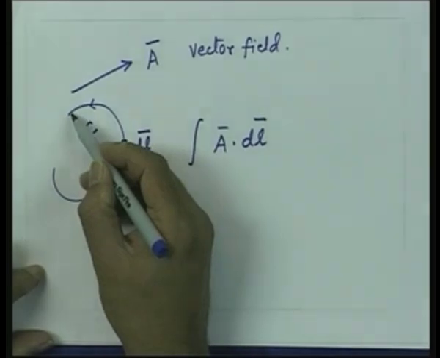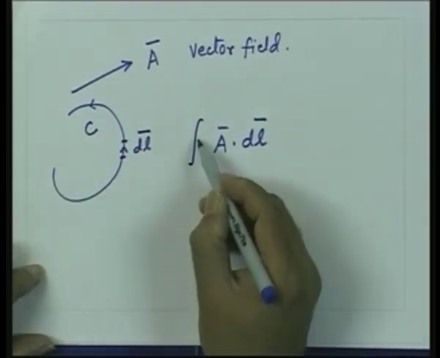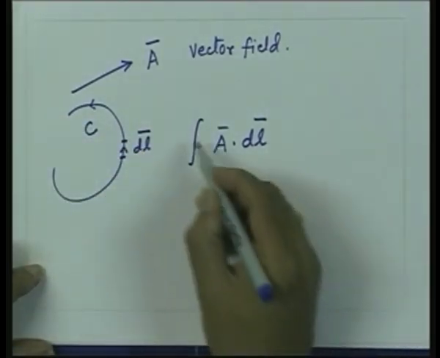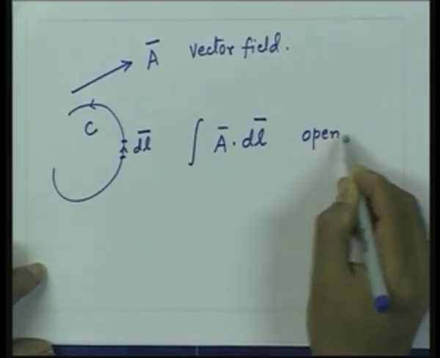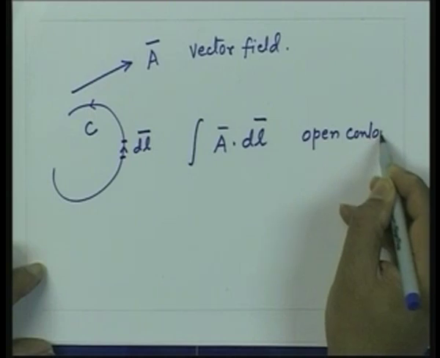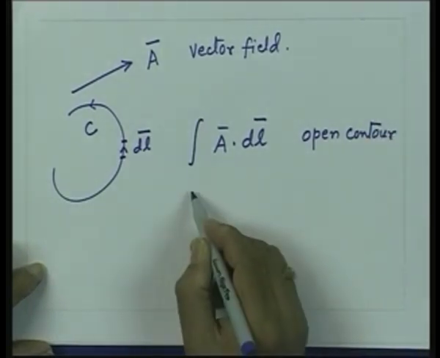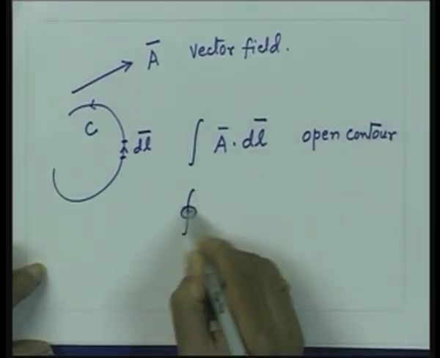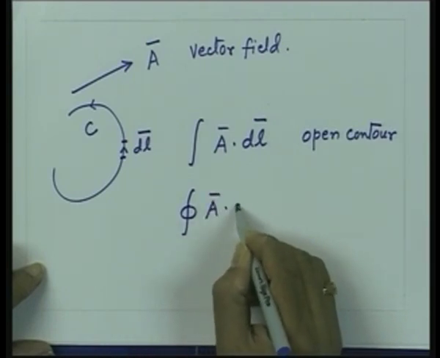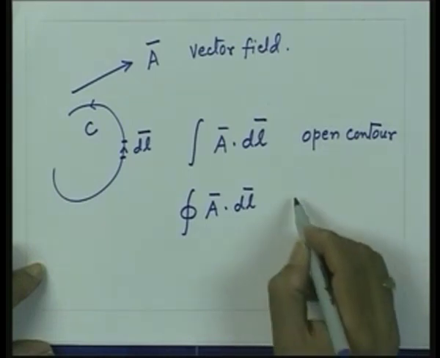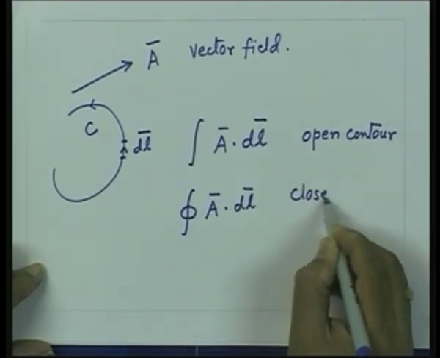If the contour is a closed contour, then I will have the integral which will be the closed integral. So, here this is open integral, open contour. If the contour is closed, then the integral will be denoted by this. So, E dot dl, this is closed contour.